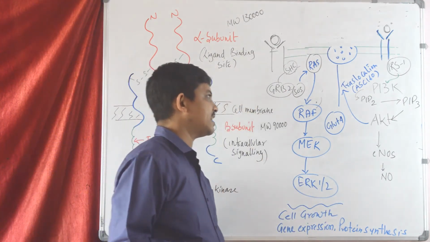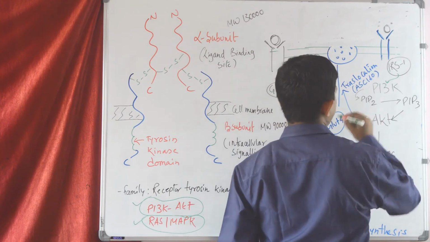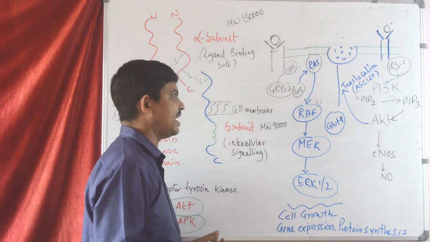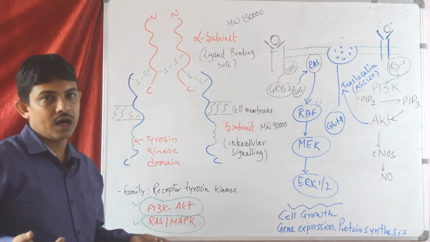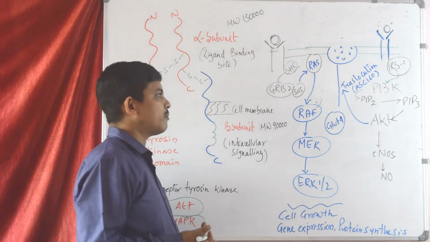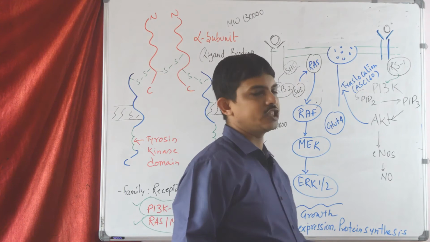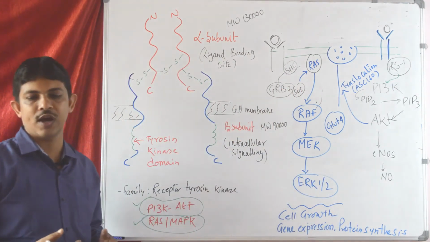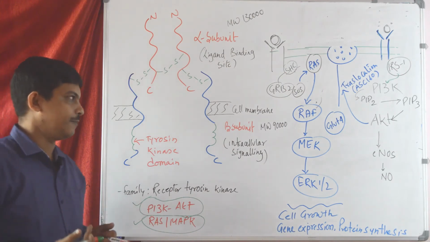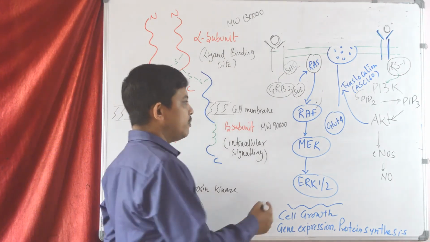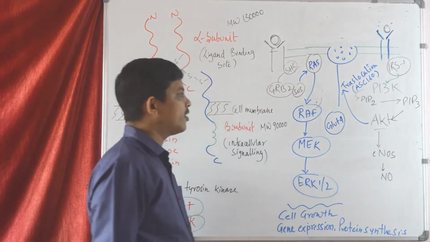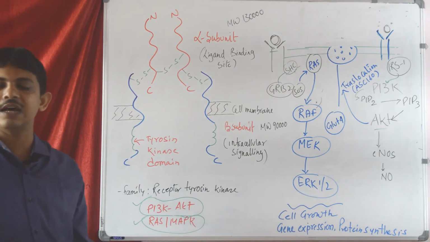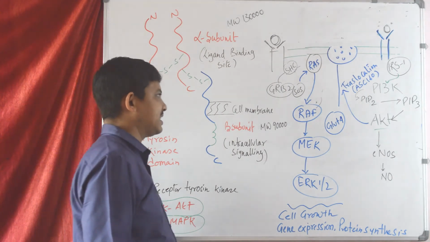This IRS1 will then activate PI3K, followed by the activation of PIP2 and PIP3, phosphoinositol bisphosphate and phosphoinositol trisphosphate. Then there will be the activation of AKT. AKT is nothing but protein kinase B.